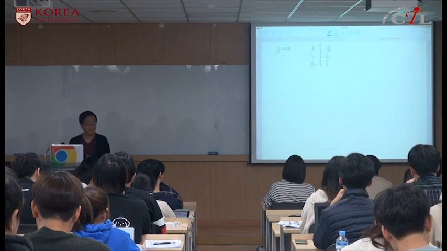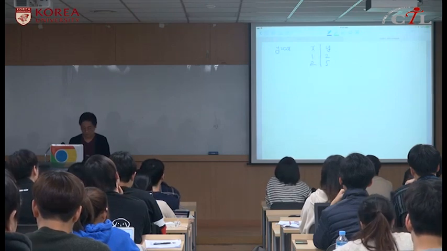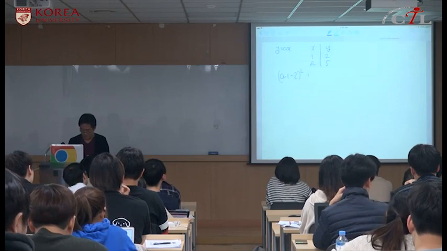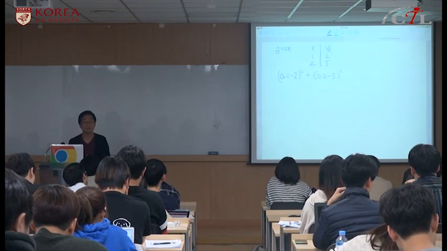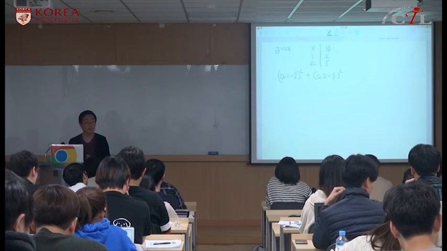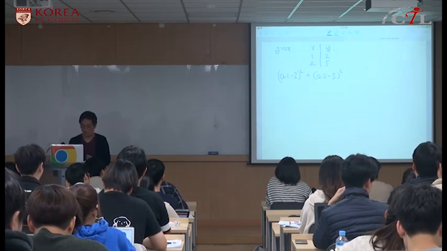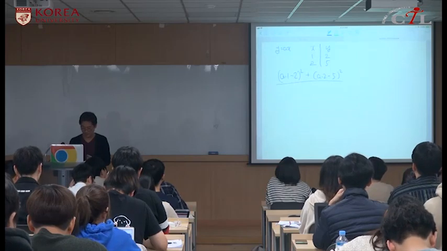In this case, what is our loss function? (a times 1 minus 2) squared plus (a times 2 minus 5) squared. This is our least squares loss. How do we represent it as a computational graph?